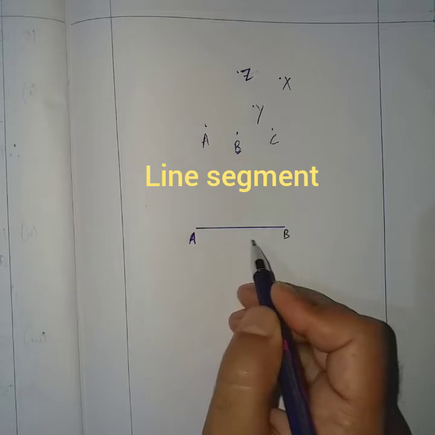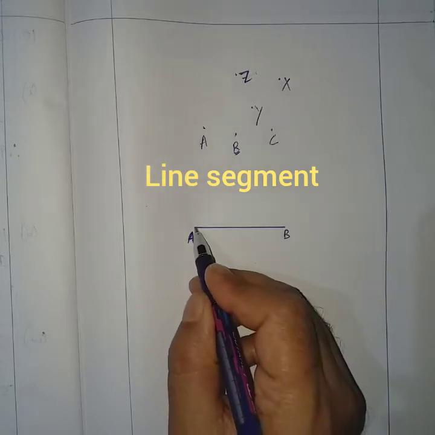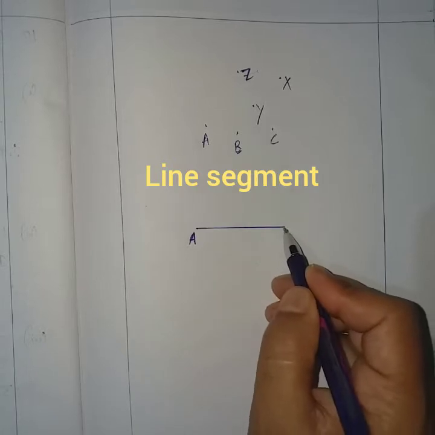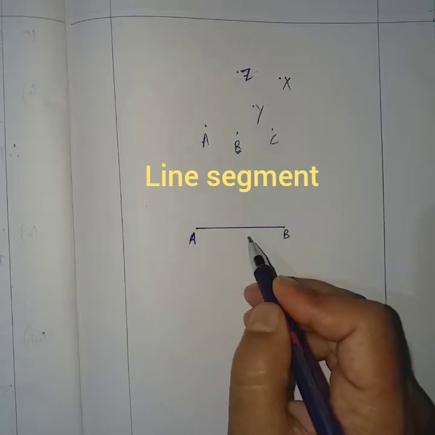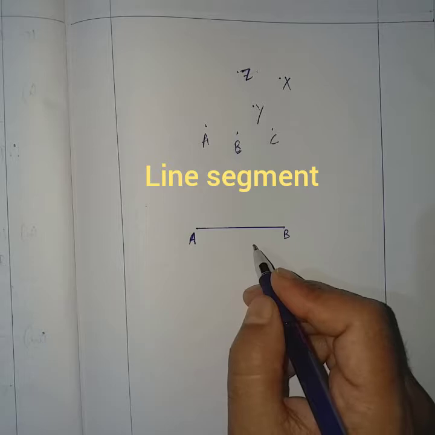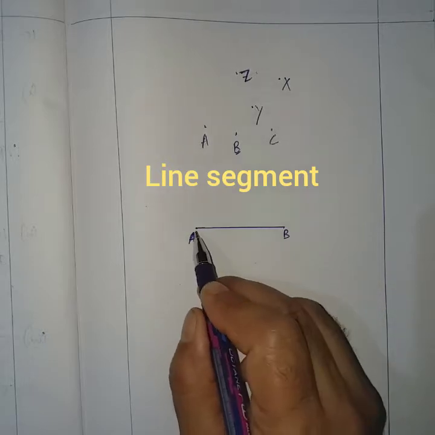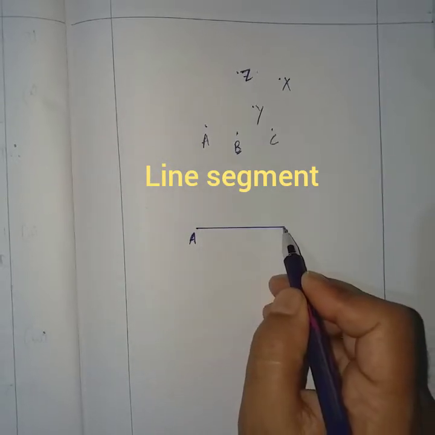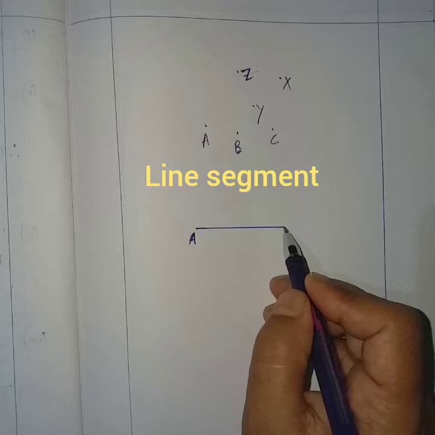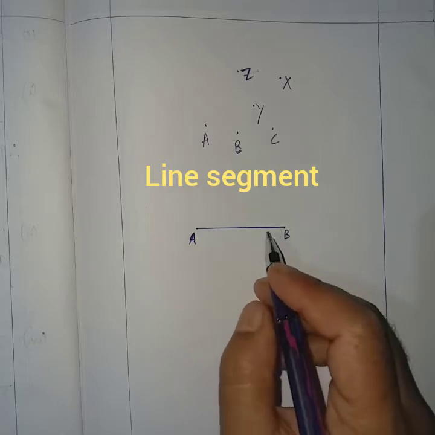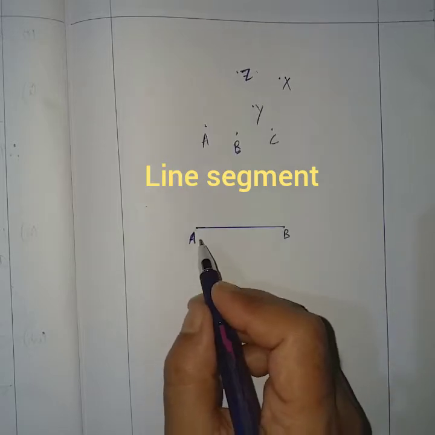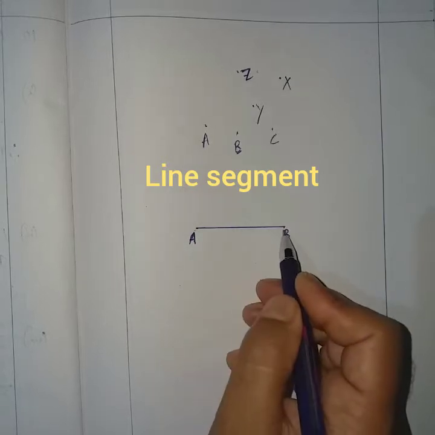So this is the starting point and this is the end point. So a line segment has a starting point and an end point, that means it has 2 points.